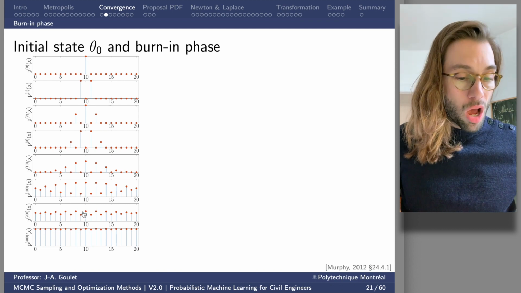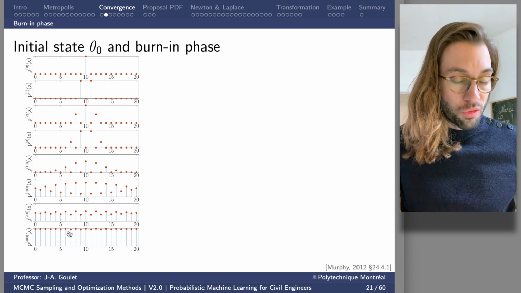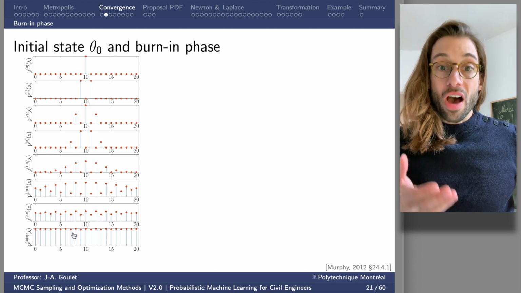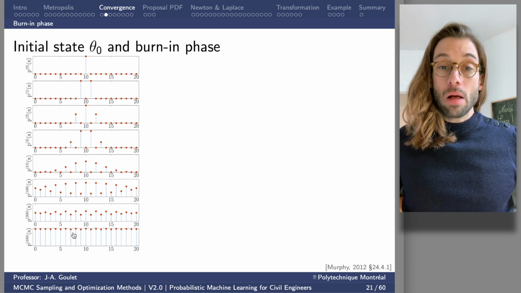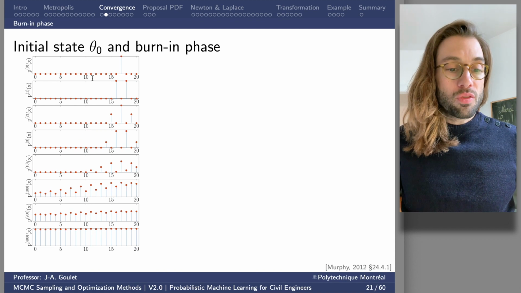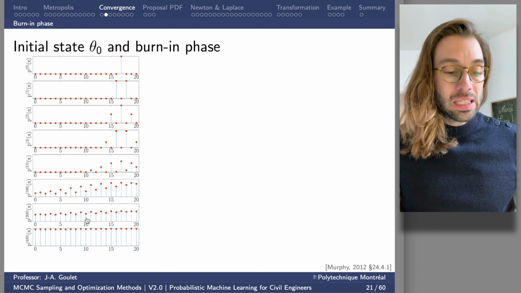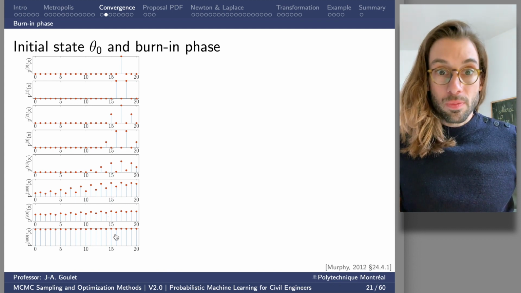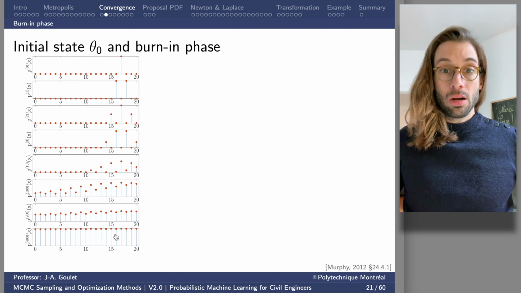After roughly 200 to 400 steps, I cannot identify where I started my problem from. If we started from another location, same thing. We see that it takes several hundred steps to forget where I started from.